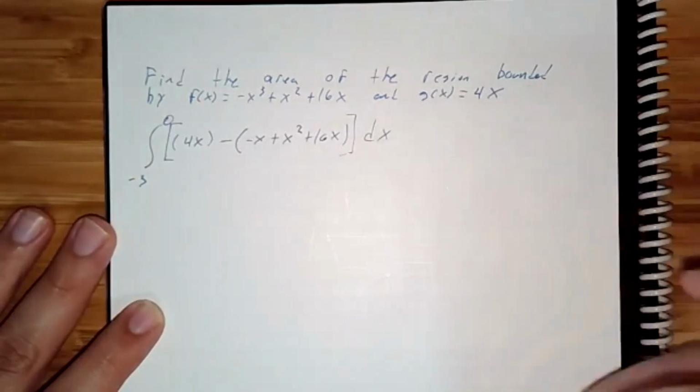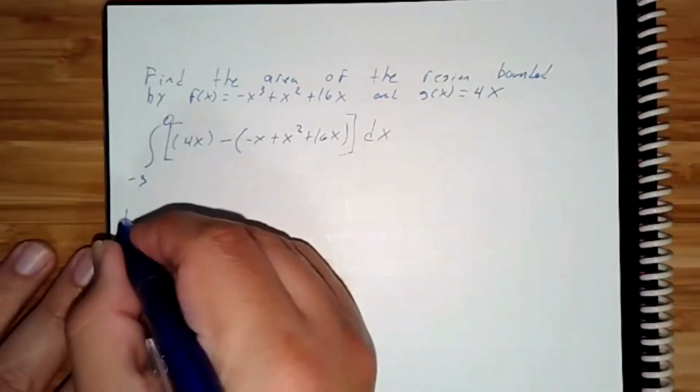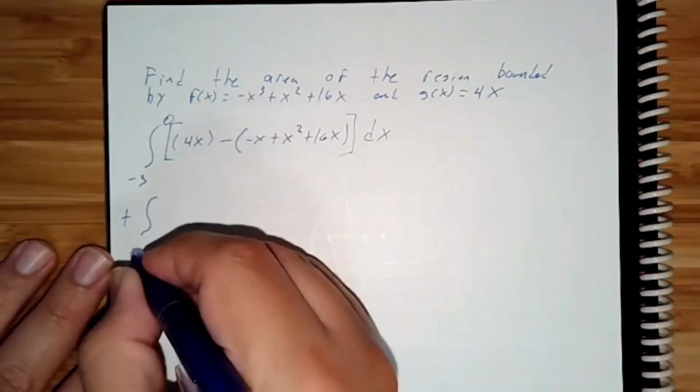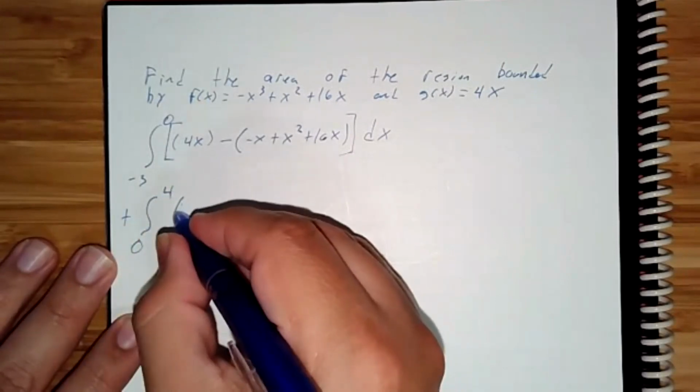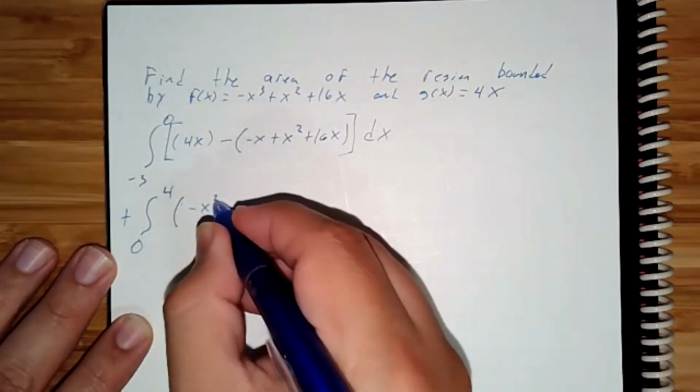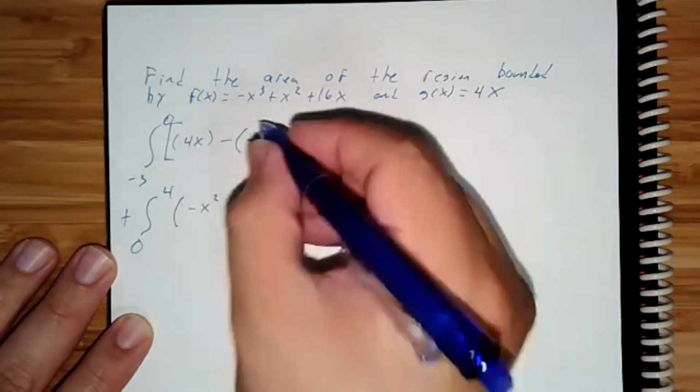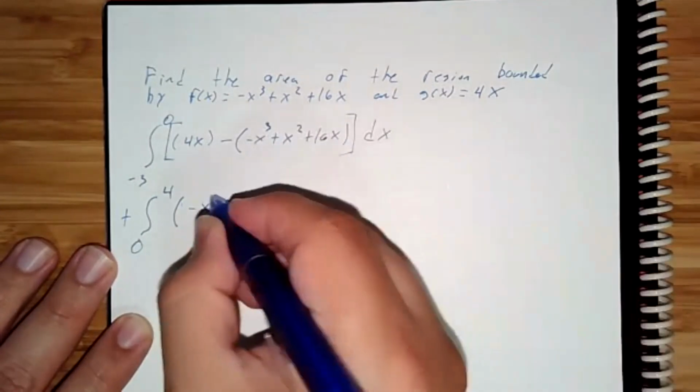And then you're gonna do, so I don't have space over there, plus the other integral from 0 to 4. Now the top is -x cubed. Sorry, it should be cubed right there.